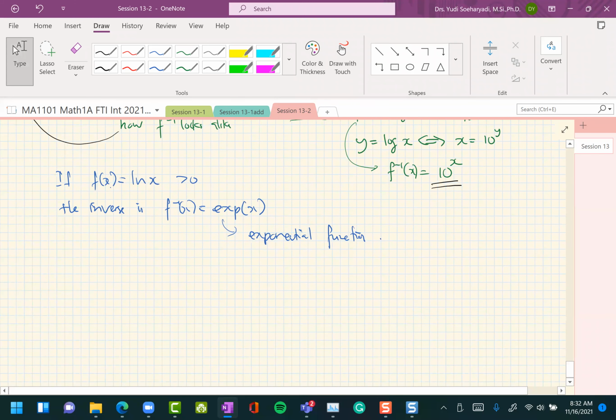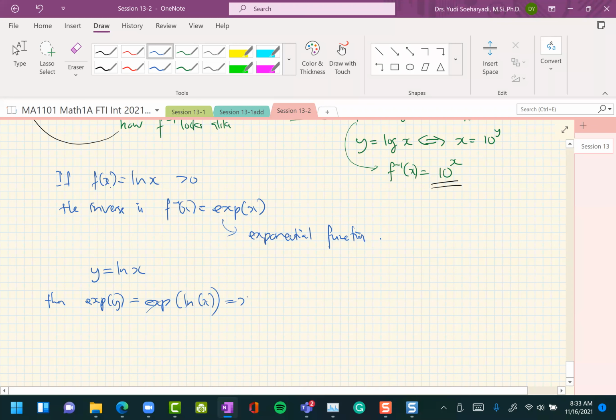So from this identity, y equals ln of x, and apply exp. Now because exp and ln are inverse, they cancel, right?